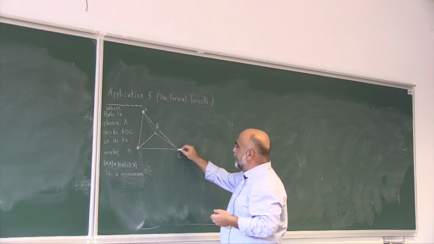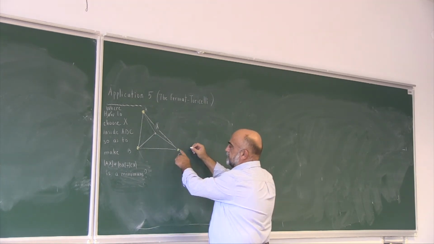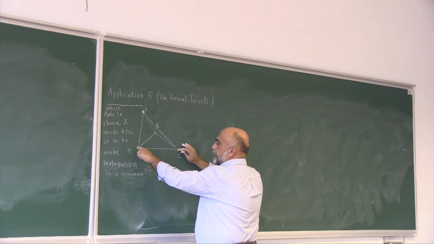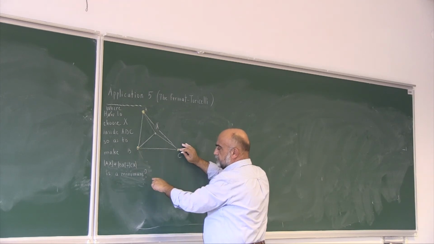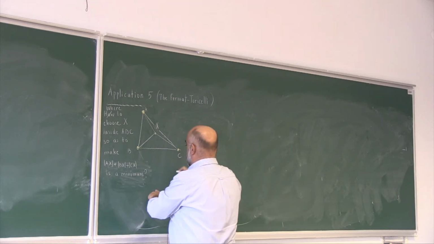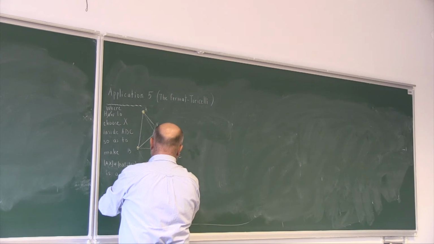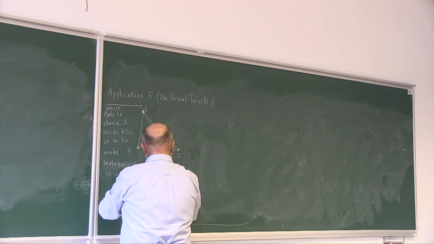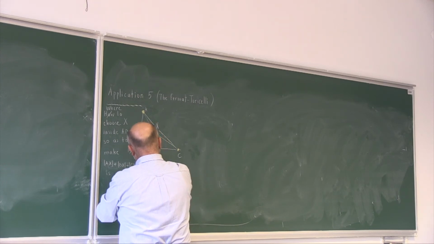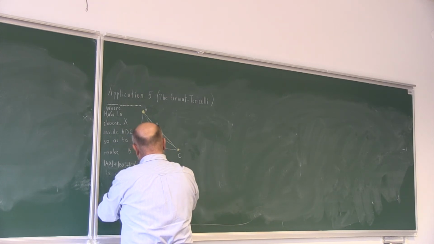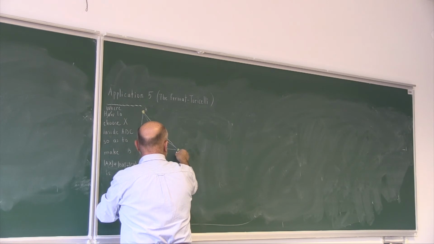He takes a rotation with center C and through angle 60 degrees, so that the point B actually moves into somewhere here. Okay, so let me call that point P. Of course, this is the triangle BPC.